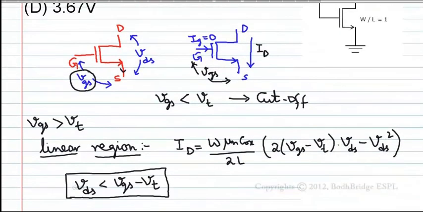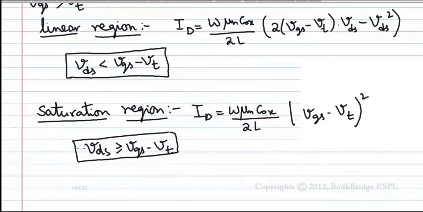Here VDS is less than VGS minus Vt. When VDS increases, the current is increasing, but up to what limit? Up to when VDS is less than VGS minus Vt. When VDS keeps on increasing, at some stage VDS is greater than VGS minus Vt. At that time, the current follows this equation.